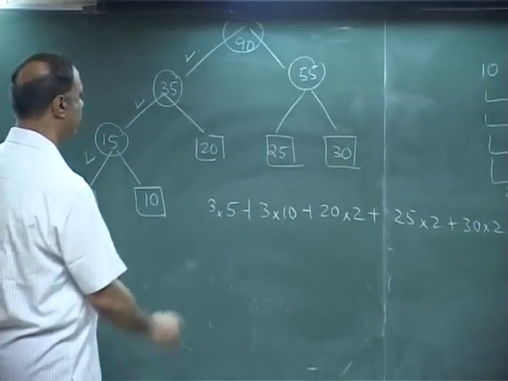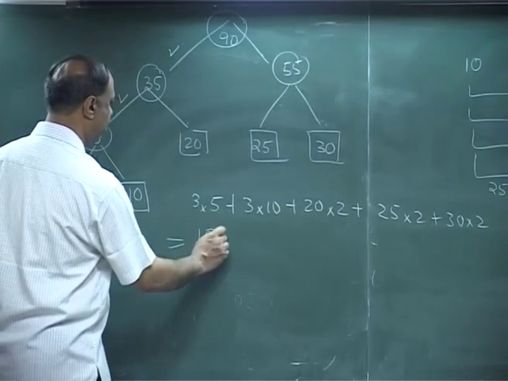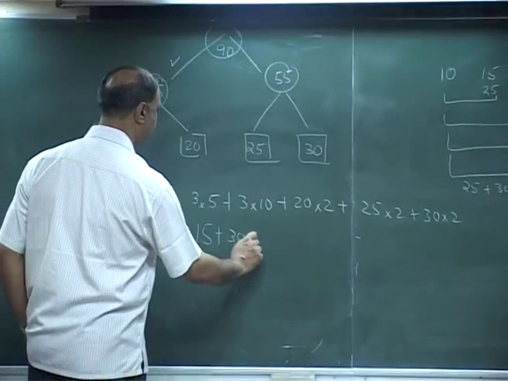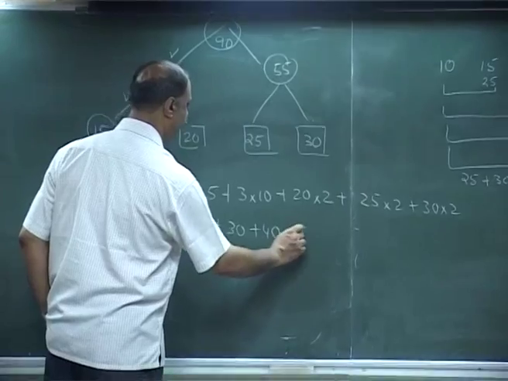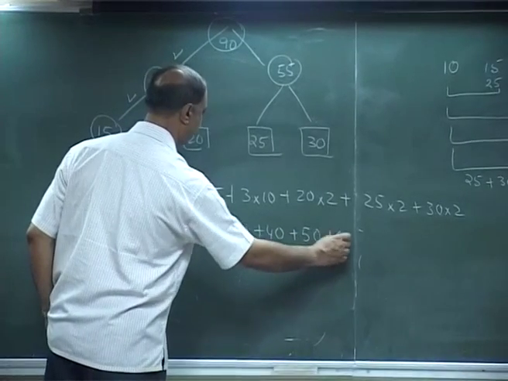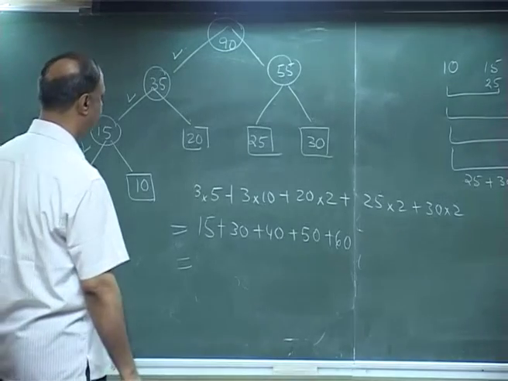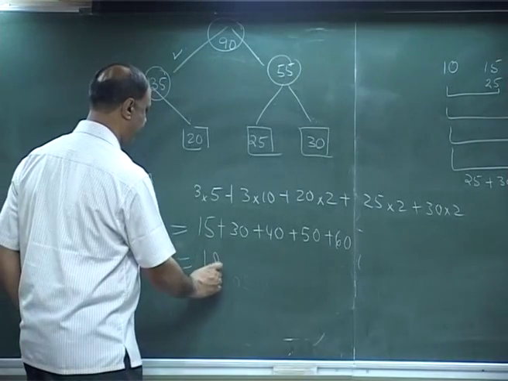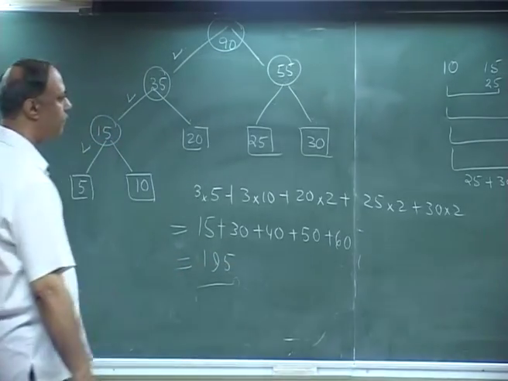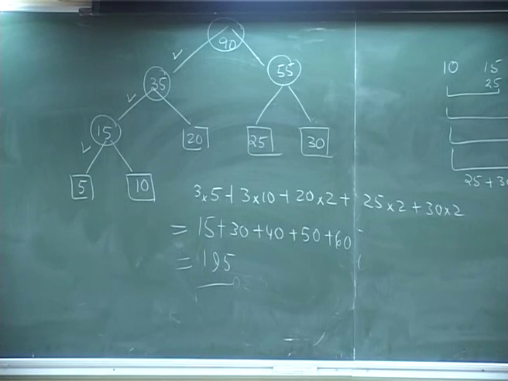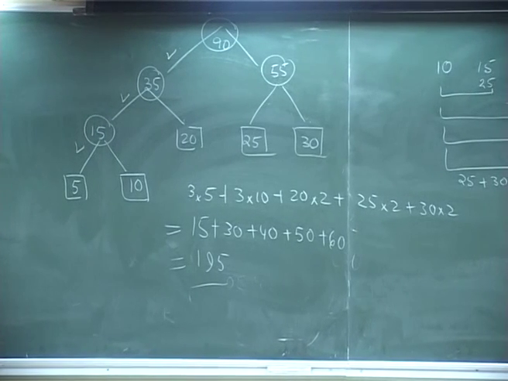Okay? So the effect is 15 plus 30 plus 40 plus 50 plus 60. This gives you 150, 150, 195. Okay? So that is the way you can solve this.